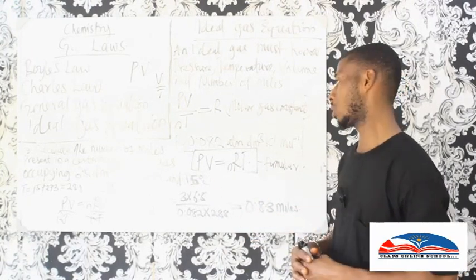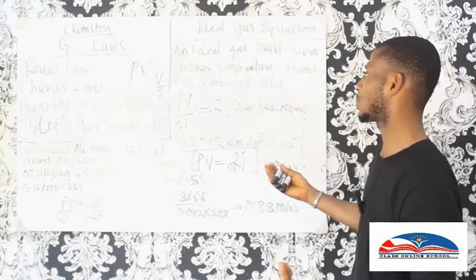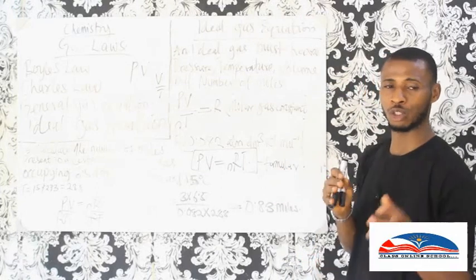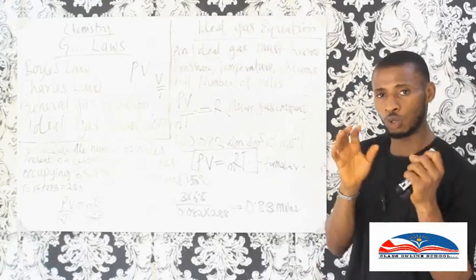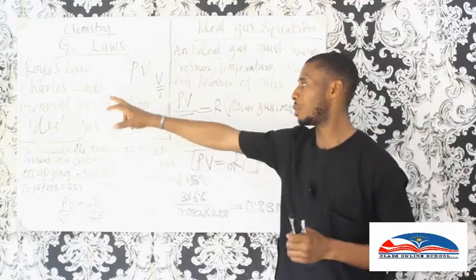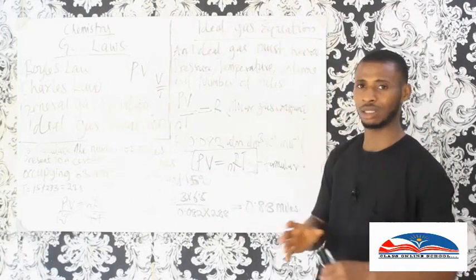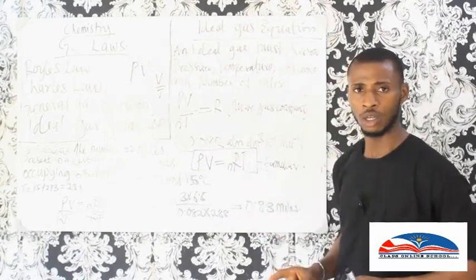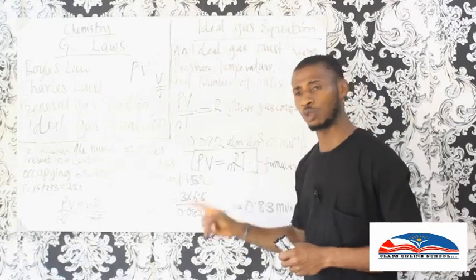With respect to these laws, know your formulas first. Let me throw small light so that you will not be taken unawares. The formula of Boyle's law says P1V1 equals P2V2.